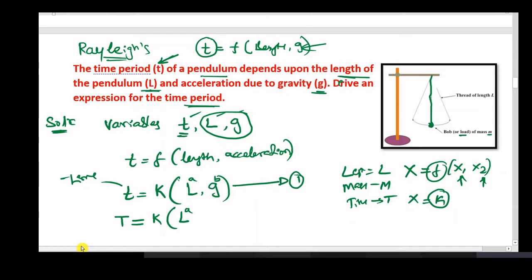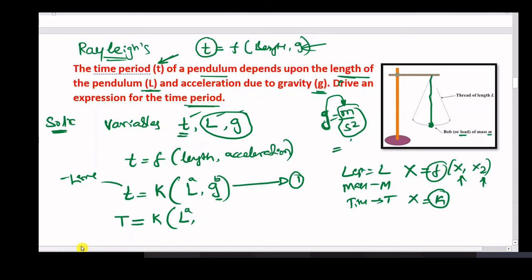I don't know the dimensions of G as of now, because G is a derived quantity; G depends on 2 variables. Dear student, G is meter per second square. So meter per second square means how many variables are there? 2 variables. So acceleration due to gravity is a derived or secondary quantity. It depends on primary quantities, meter per second square.